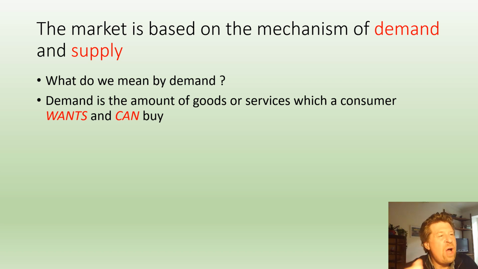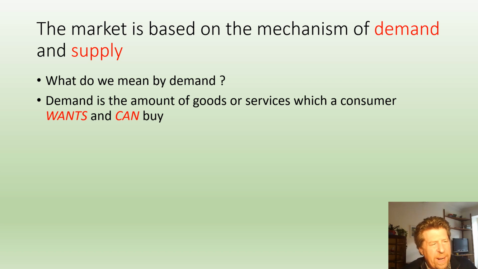So if there's no government intervention, how do we know the price and the quantity? In the free market, which is just a way of allocating resources in the economy, it's based on a mechanism of supply and demand.